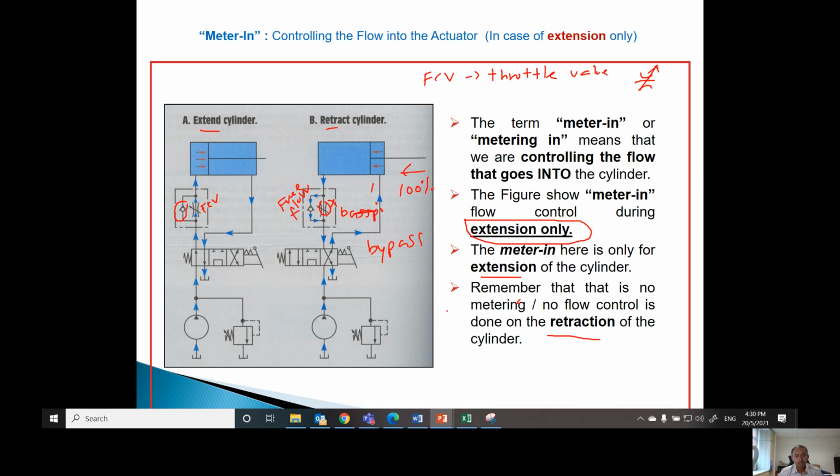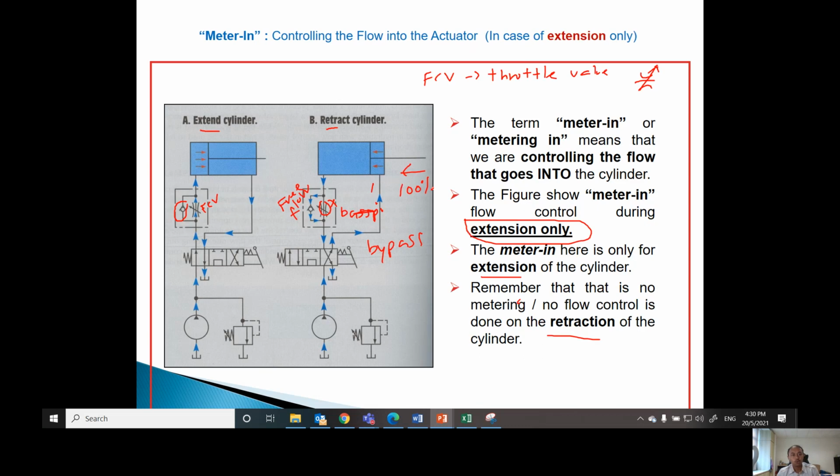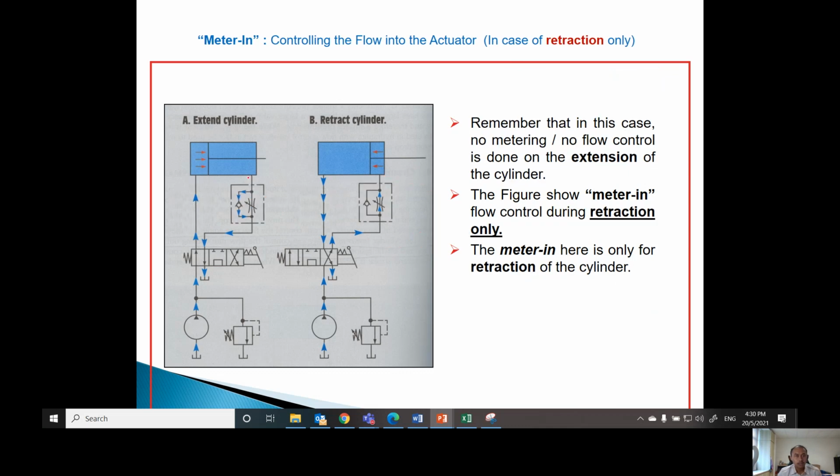So this is meter in during extension, and now we want to see how we can do meter in but control the movement during retraction. So what can you do? You change the position of the one-way flow control valve to be connected to the rod end of the cylinder.